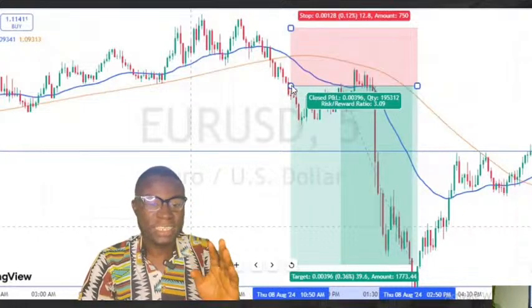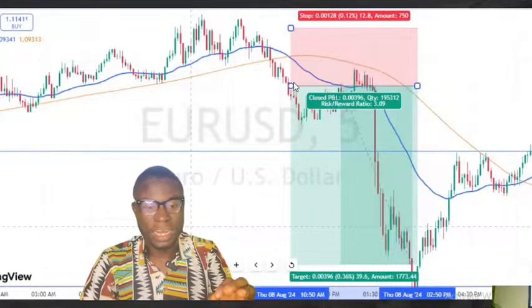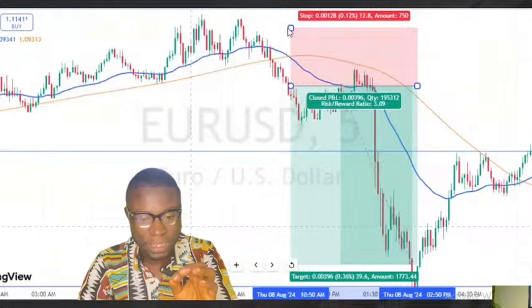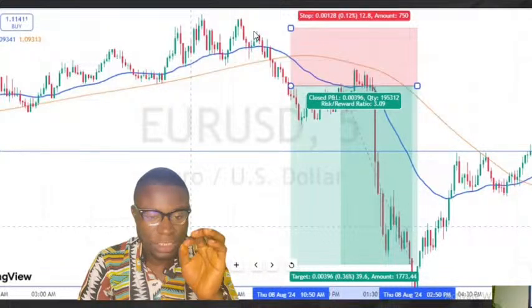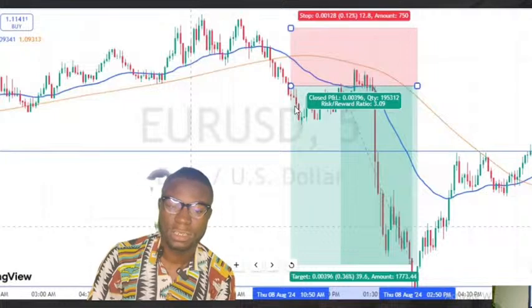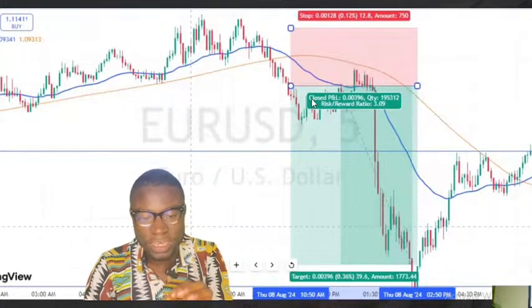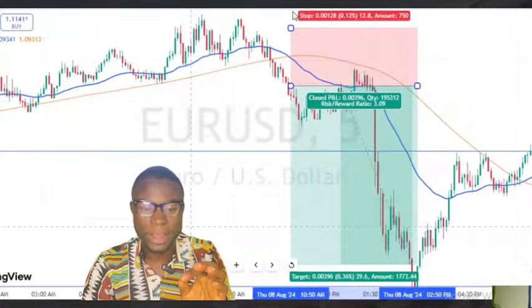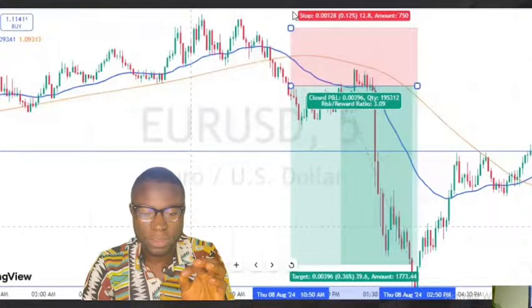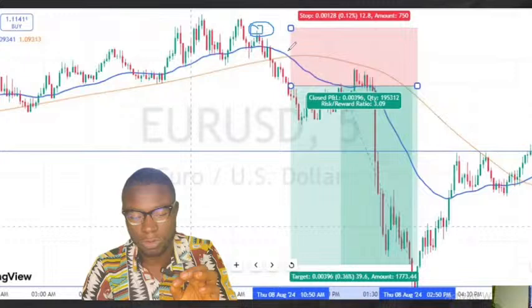Your stop loss should come above the most recent high. That is if you are selling. Okay, this is the sell scenario. So your stop loss should come above this most recent high, right, just as we have here.